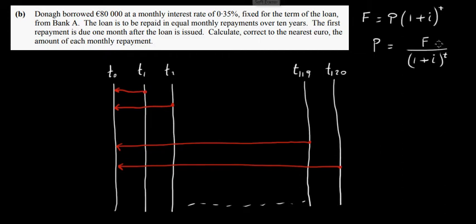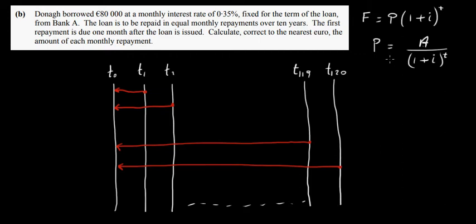So I can just call it A, for the amount that Donna is going to pay back at the end of each month.